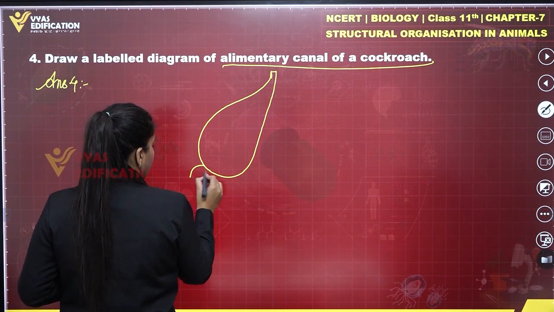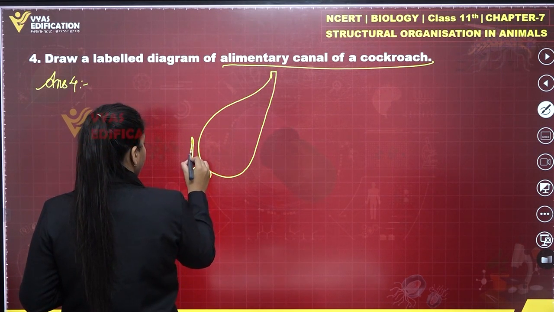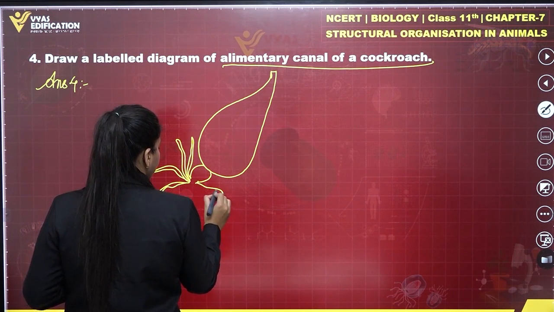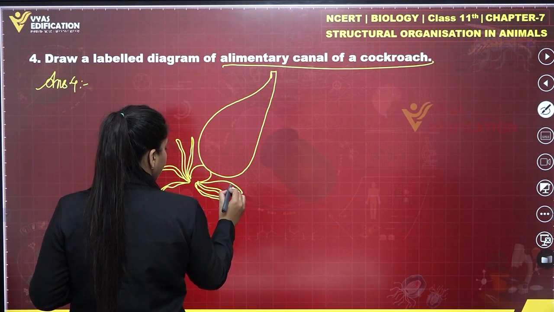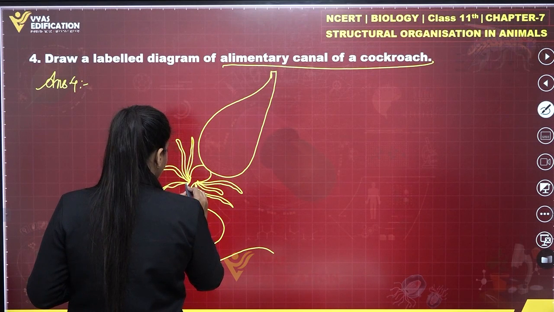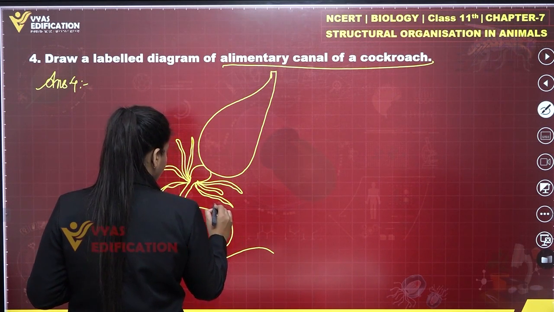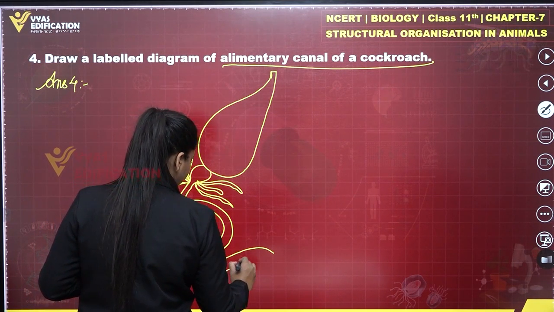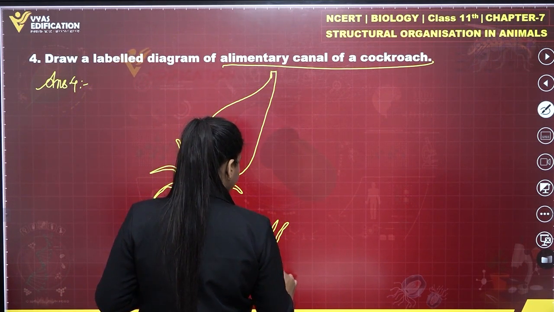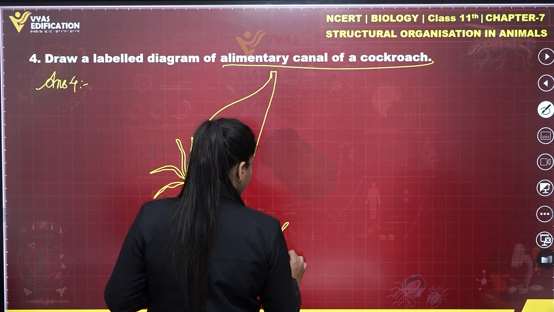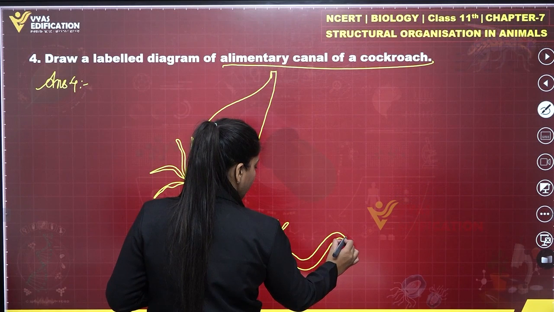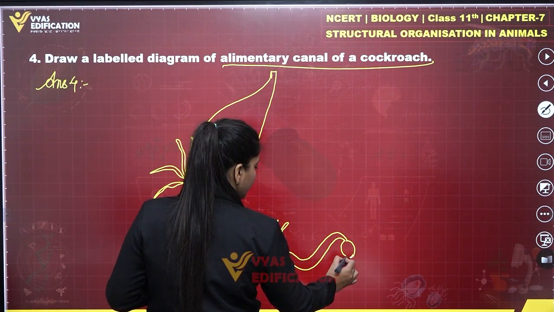Right, now we are making a midgut, then an excretory organ of the cockroach, and from here the last part of this alimentary canal.